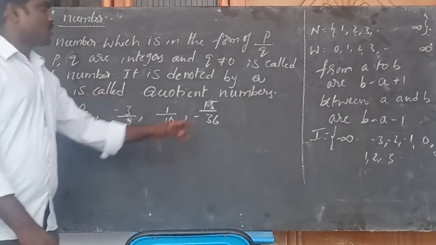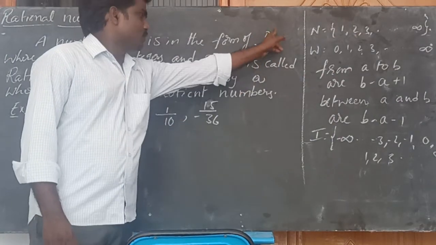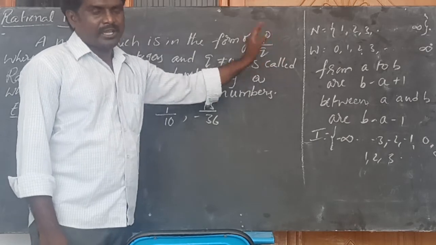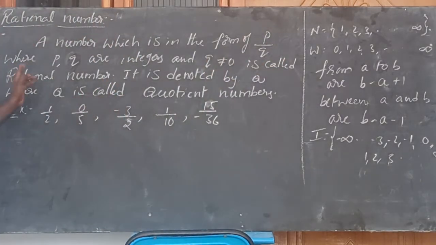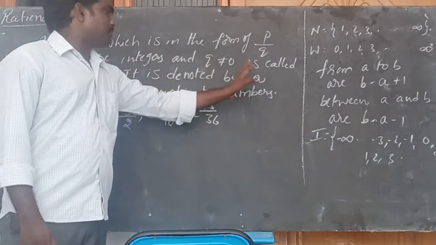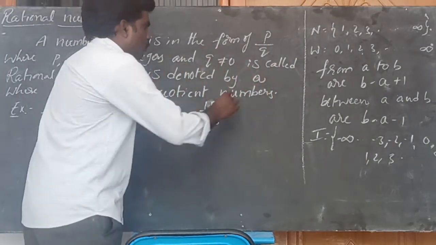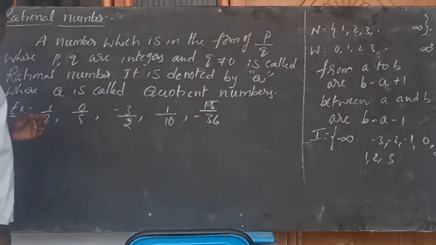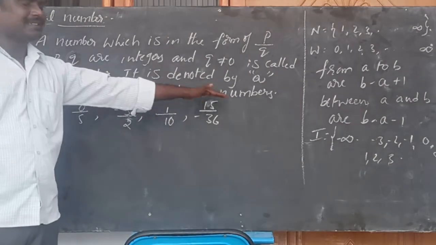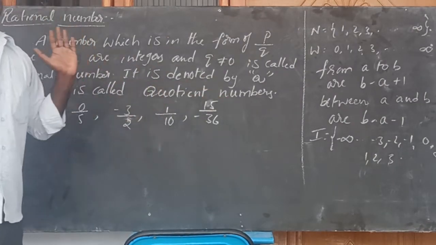P by Q means numerator and denominator. A rational number is denoted by capital Q, where Q stands for quotient numbers. Quotient numbers means what?